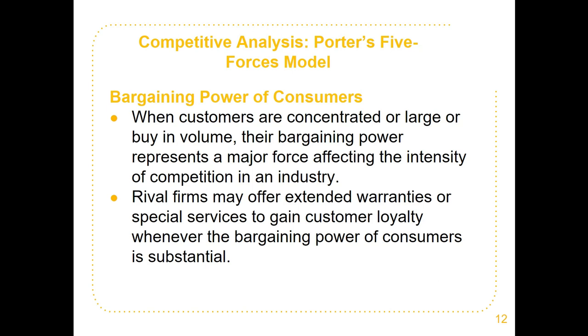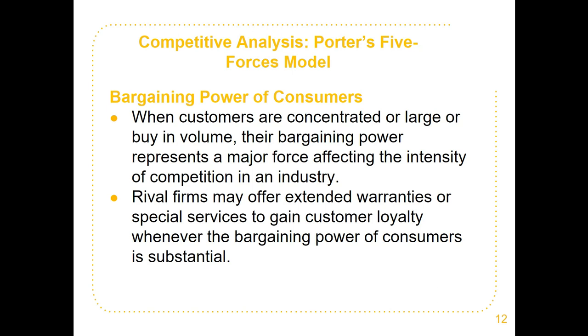So basically, the bargaining power of consumers would be higher when the products being purchased are standard or undifferentiated. When we say standard or undifferentiated, it's common, it's the same. The products are all the same, okay?